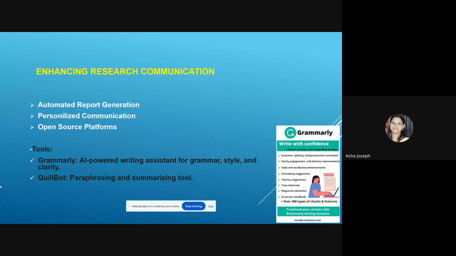And other than the regular automated report generation, you may have to do some personalized communication also. In that area also AI can help. AI can help you tailor your communication to specific audiences, and it can ensure the findings are effectively disseminated to the audience.